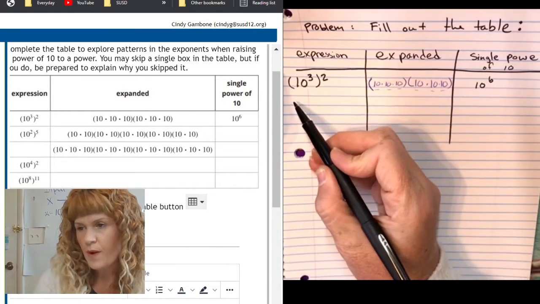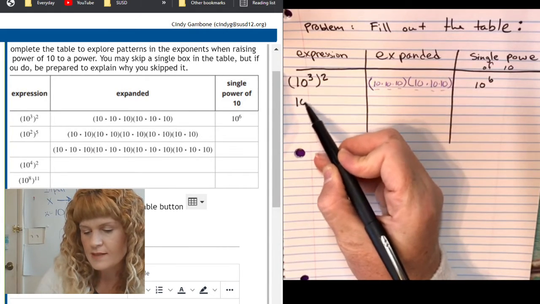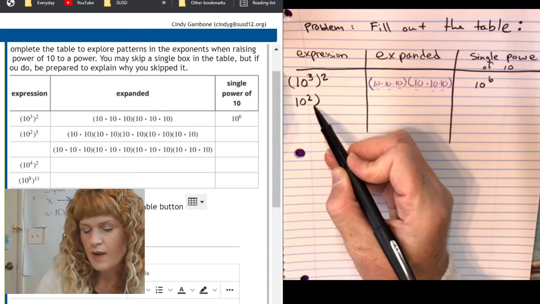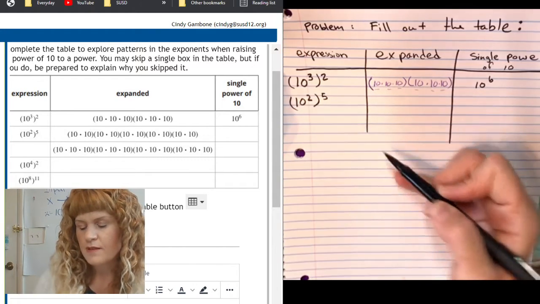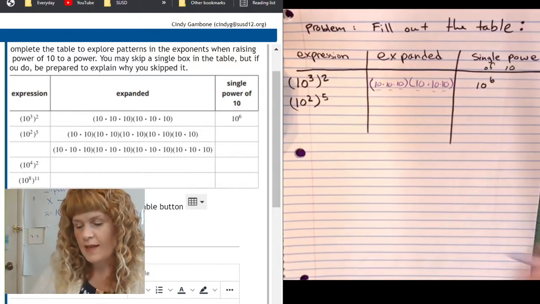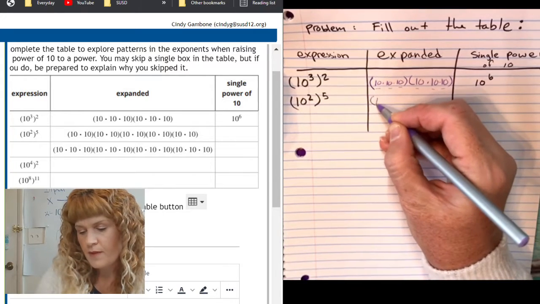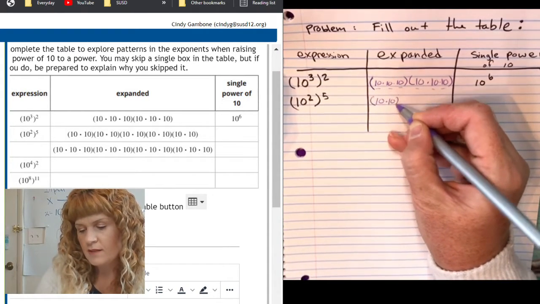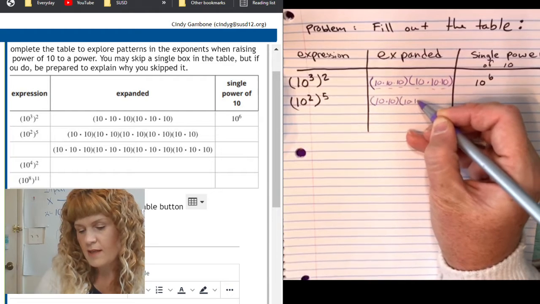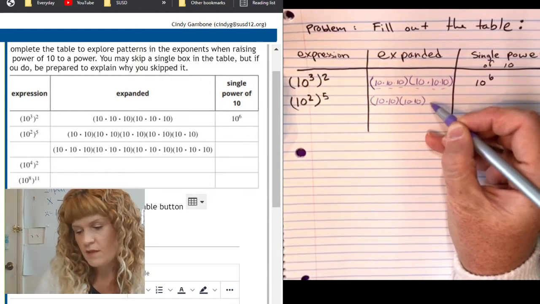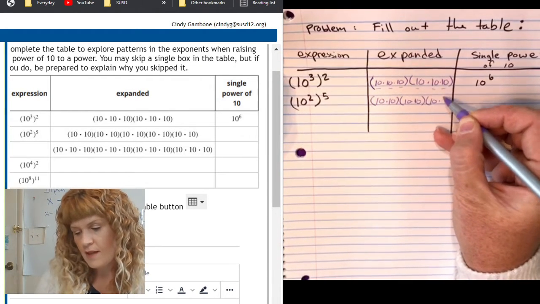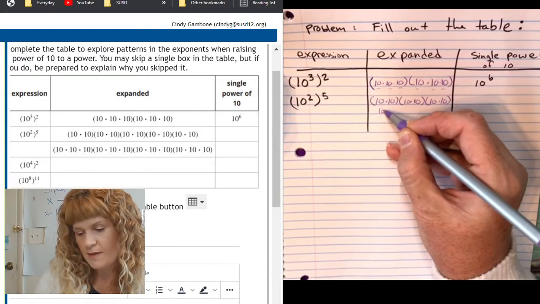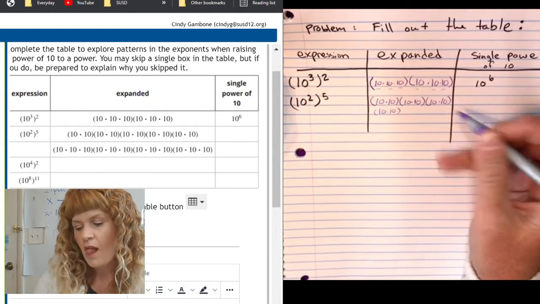Okay, the next row in this table says 10 squared to the fifth power. Let's write that out in expanded form. 10 times 10 times 10 times 10 times 10 times 10 times 10 times 10.